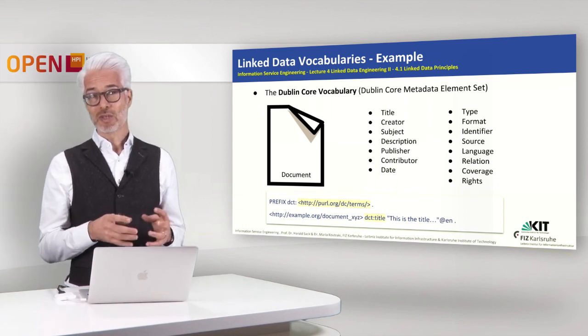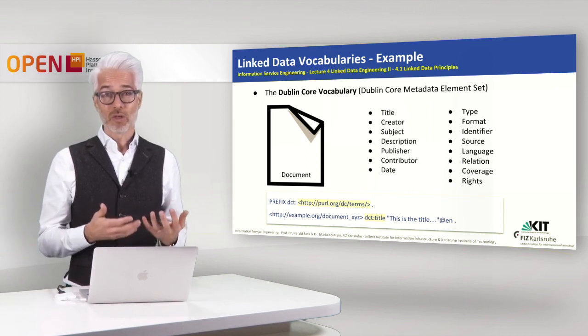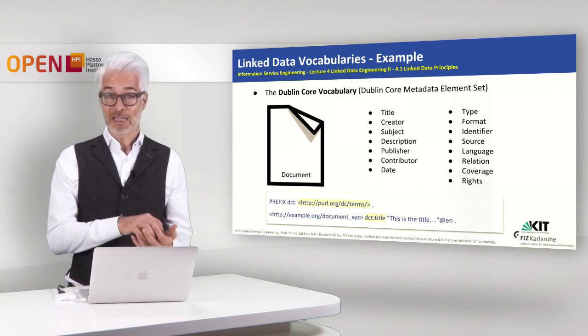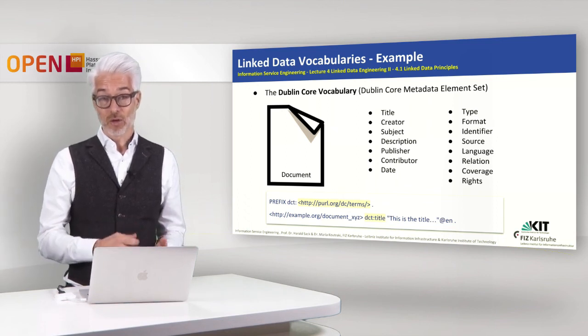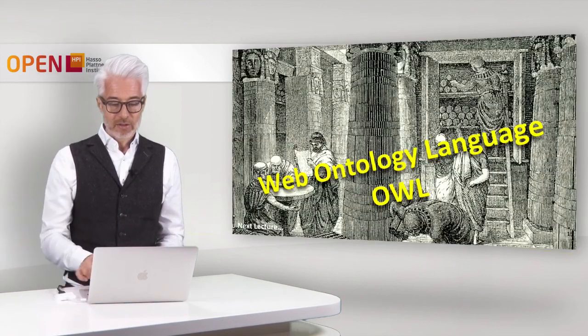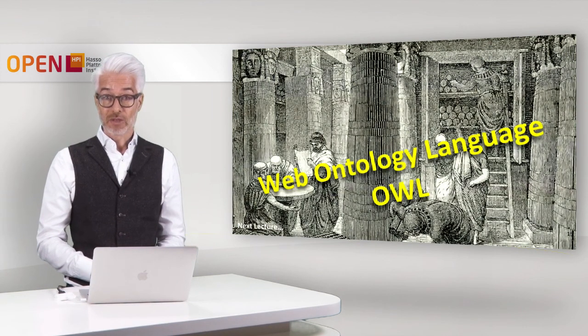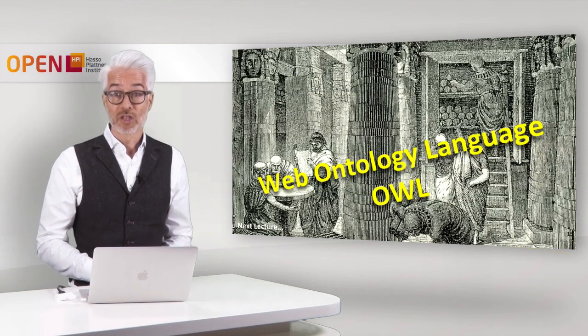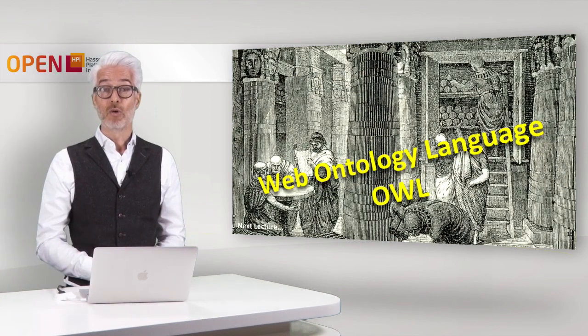But we cannot put more meaningful, semantically more expressive constraints on exactly these properties and all these terms we define. And to enable that, we have to make use of another language, which is the Web Ontology Language, which can also be expressed based on RDF, and we will learn about OWL in the next part of this lecture.